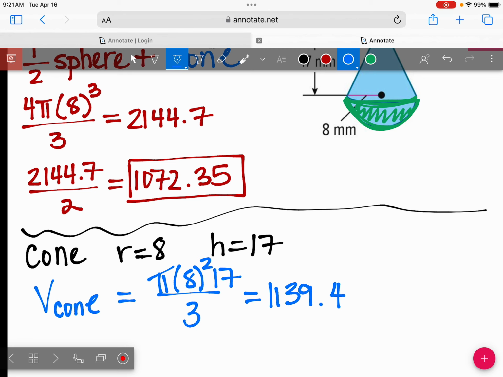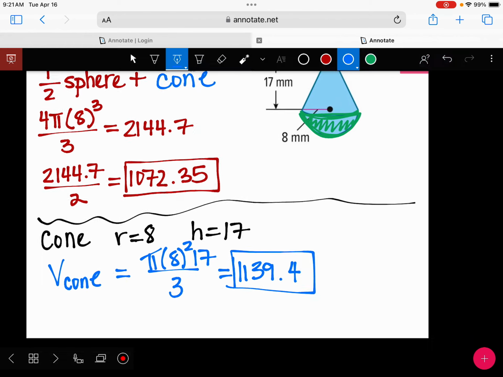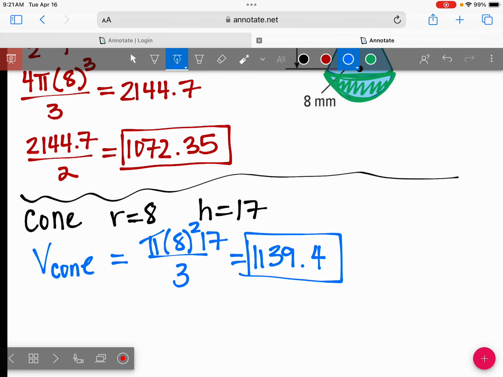All right, so now what do you have to do with these two numbers that I boxed up? Add them together. So let's find our total. So I want you to add these two numbers to get our total volume.